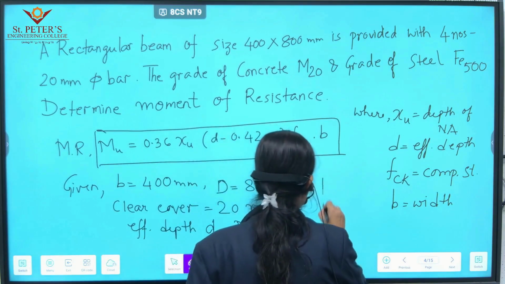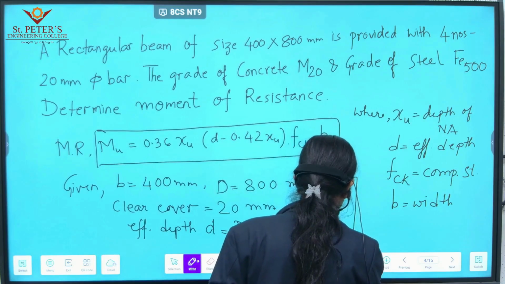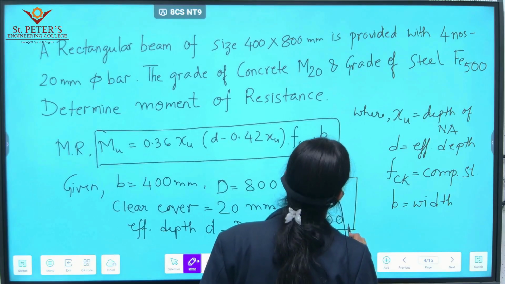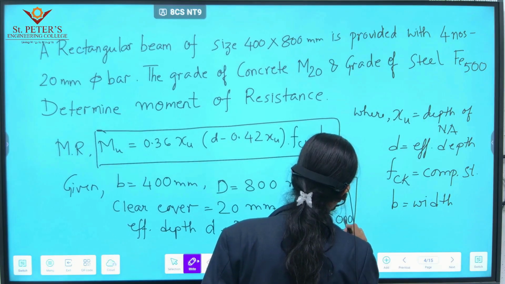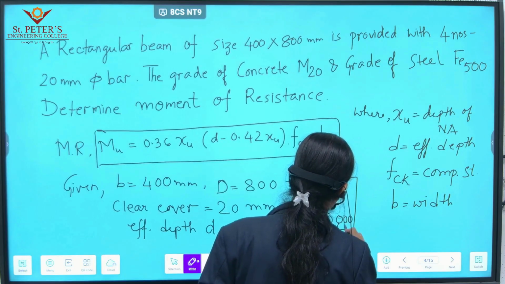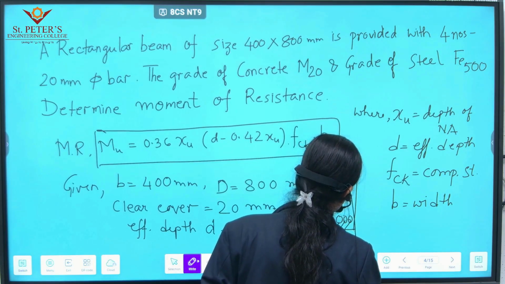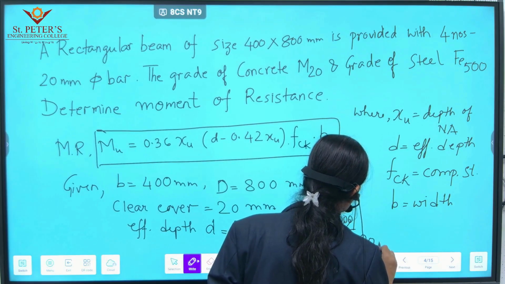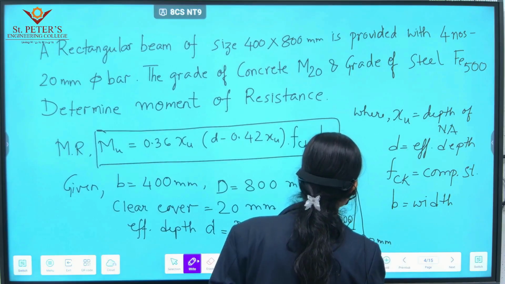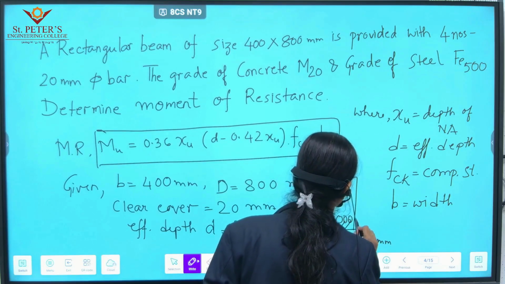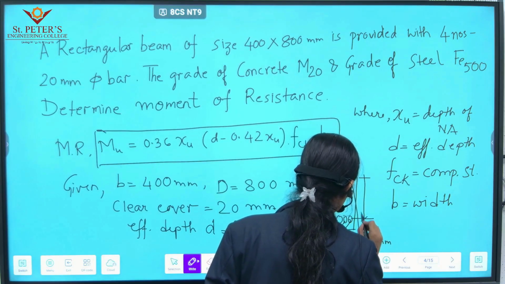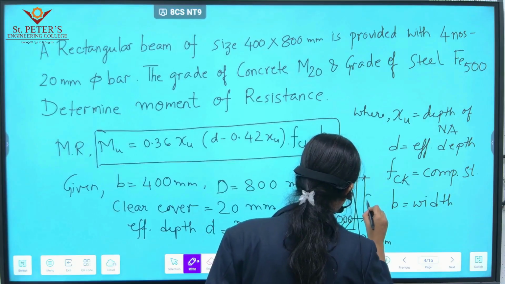So let us once again draw the beam, where if we draw the reinforcement, there are 4 numbers of 20 mm dia bars. Half of the dia is 10. Small d is from the center of the steel to the topmost section.